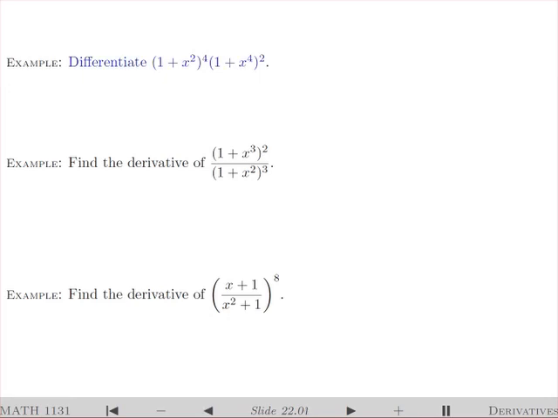The general principle is that if you have some expression, you start with the outermost operation, whether it be power or multiplication or division, and eventually exponentials or logarithms. Apply the rule corresponding to that operation.